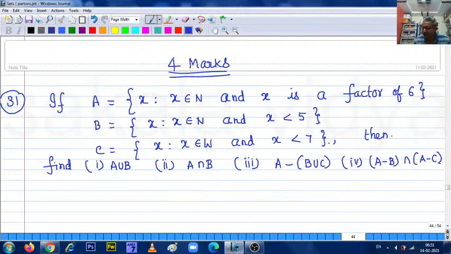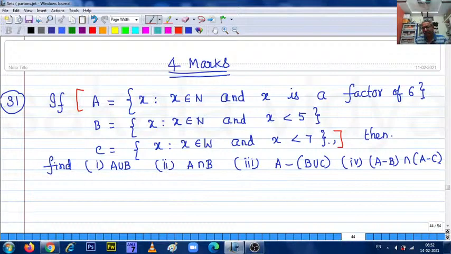In order to solve these 4 marks questions, first of all, read the question very carefully. Write down the given data. First of all, if you observe, all these 3 sets are given in set builder form, so they need to be written in roster form. After that, try to find all the values.